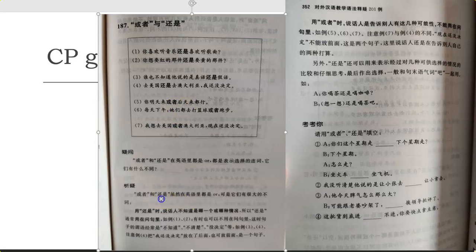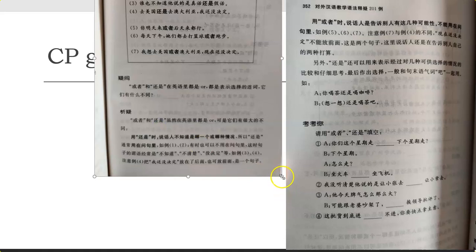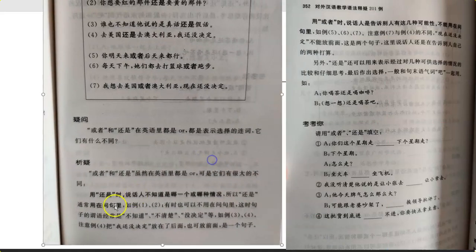When we use 定係, the one who speaks does not know what the situation is or which one it is, so that's why it's an "or" in a question format.